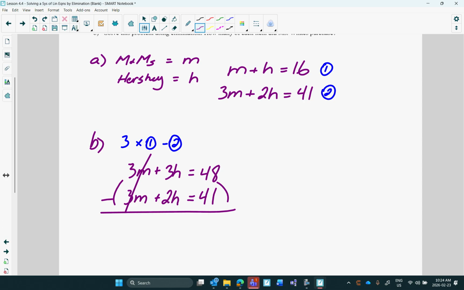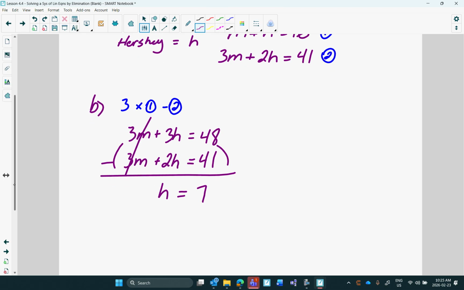What do I get? 3h minus 2h is h, equals 48 minus 41, which is 7. 3h subtract 2h is 1h. So I already know the number of Hershey bars. It's 7.